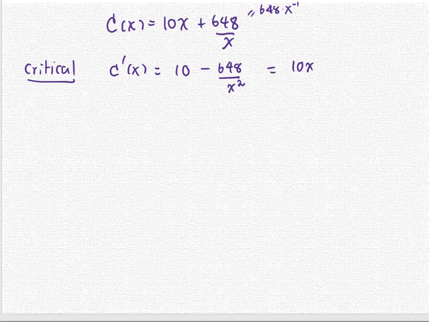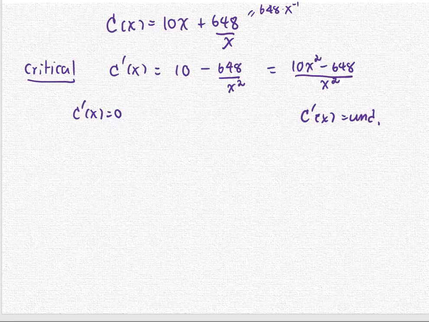Write it in one fraction: 10x squared minus 648, all divided by x squared. And then two cases: C prime equals 0 and C prime undefined. I'm going to write undefined on the right side here. So C prime of x is undefined for two cases.